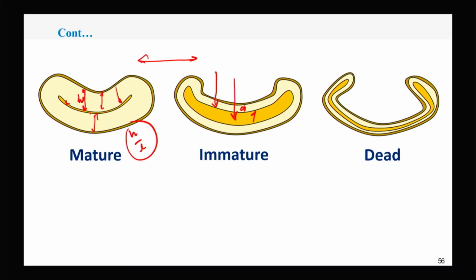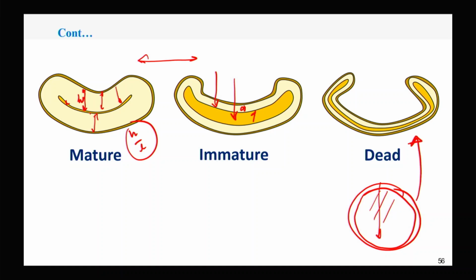But there may be a situation where the secondary wall formation is completely missing. It is very thin, and the central part is the lumen. When the fiber gets dried, it collapses and the cross section becomes like this, which is called a dead fiber.